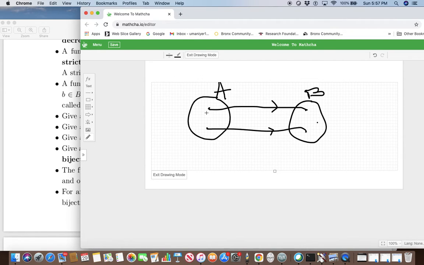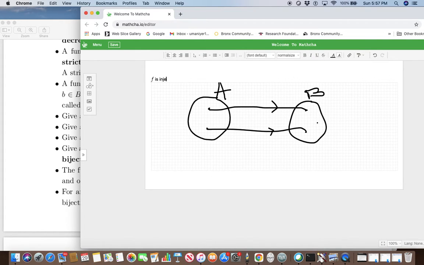When two elements are distinct, their images are distinct, so f is injective. But this element is not an image of anybody. So this function is injective but not surjective.